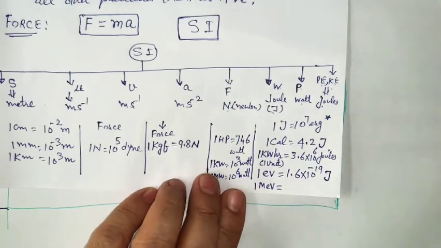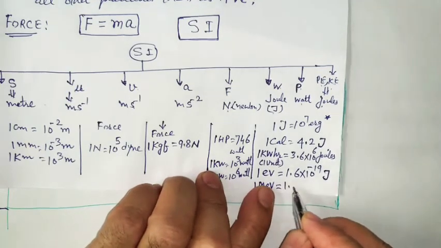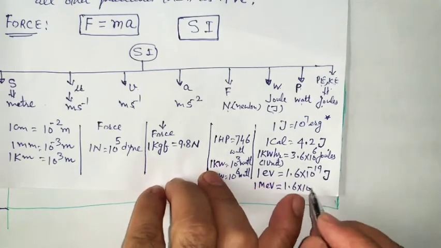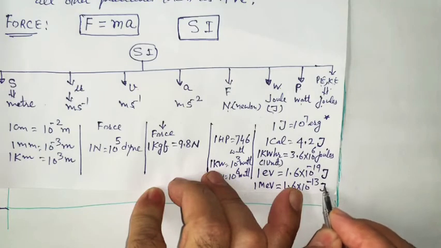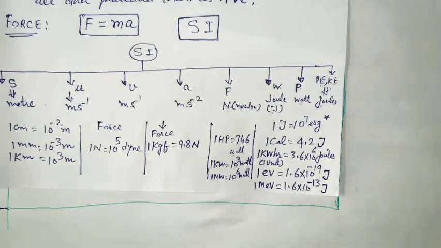Mega means 10 power 6, so 1 mega electron volt is equal to 1.6 into 10 power minus 13 joules. So this is about the various units which are used in numericals, and you must know these conversions very clearly.